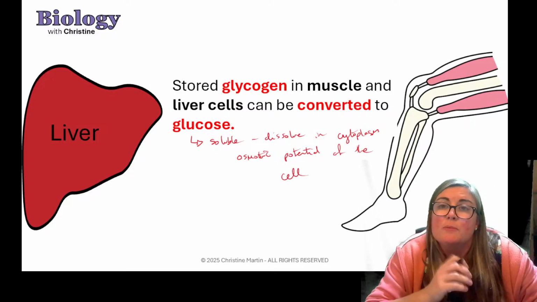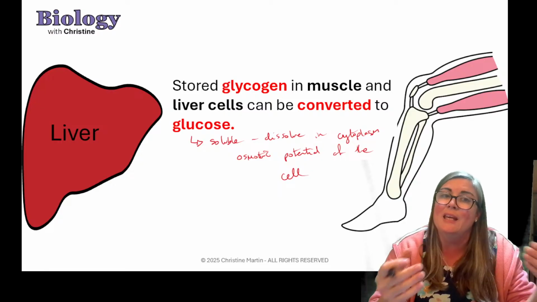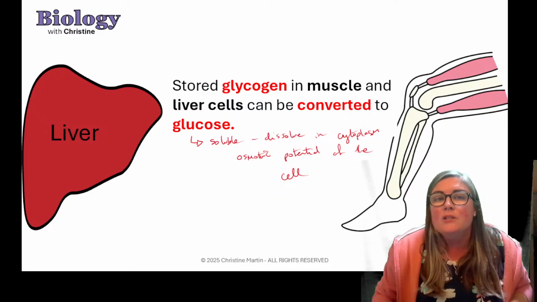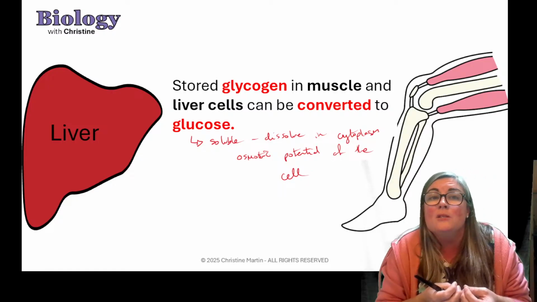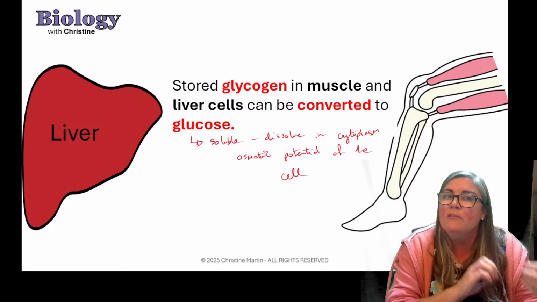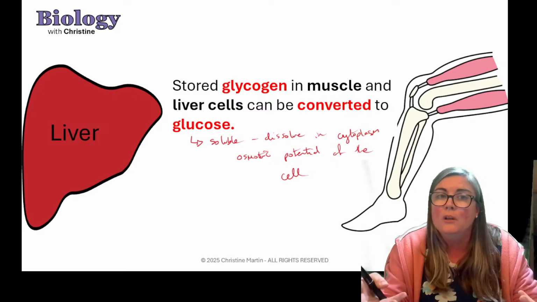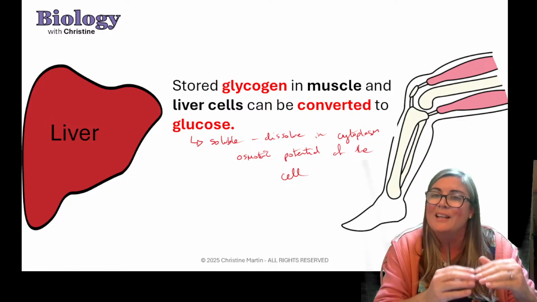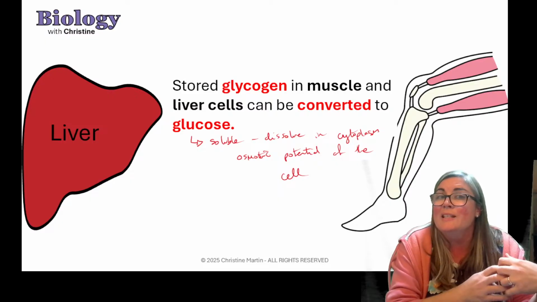Because it affects the osmotic potential of the cell, that could cause the cell to take in too much water by osmosis. And so to stop that, what our muscle and liver cells do is convert glucose into a bigger molecule, glycogen, and that is where it is stored. So glucose can be stored as glycogen.